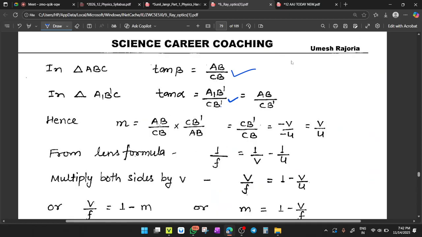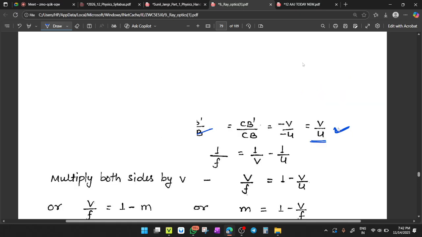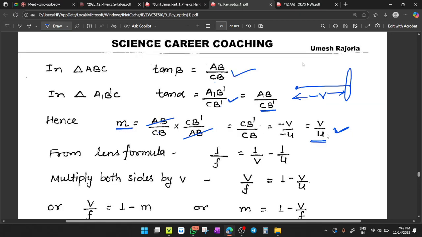Now place the values: tan beta equals AB upon CB, upon tan alpha. So it will take the reciprocal, CB' upon AB. AB and AB cancel, and this equals CB' upon CB. Now what is CB'? From center to image, it becomes minus V. And CB becomes U. So the formula for magnification becomes M equals V by U. Clear or not clear?